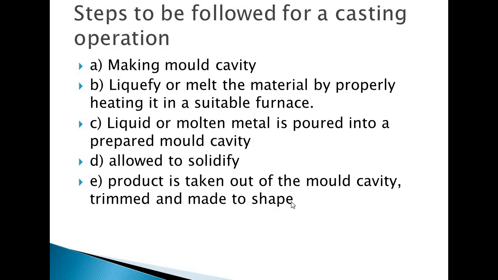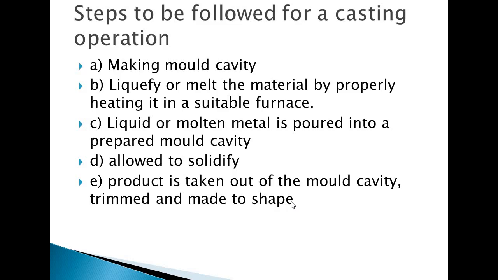In a foundry, a lot of steps are required when you want to manufacture any kind of product. The steps to be followed for casting operations are: first of all, you require making a mold cavity, meaning the type of part you want to create.